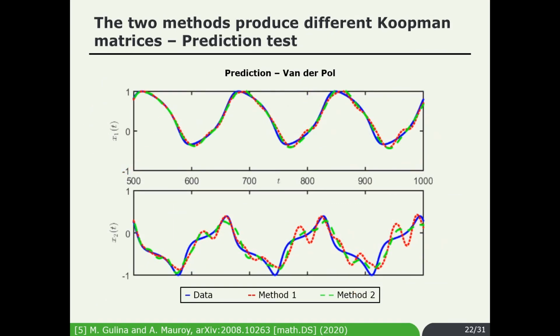As a first toy example for prediction, we consider the van der Pol oscillator and verify that both methods correctly predict the trajectory, extending the training data. For the second state variable, the prediction slowly diverges as the number of iterations of the Koopman matrix increases.